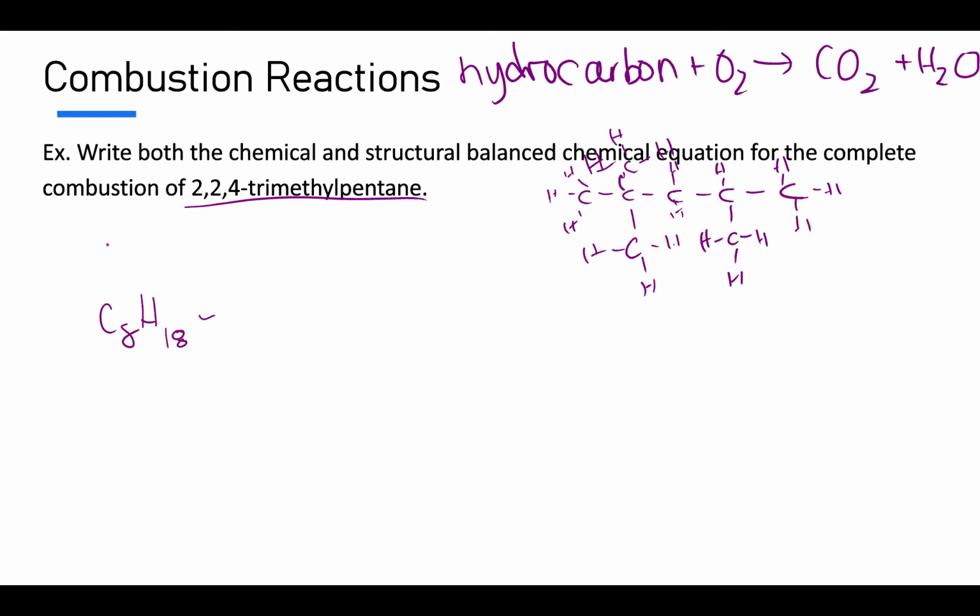All right, so then we have that in the presence of oxygen, and your products always carbon dioxide and water. Now we can bring this one more step because we want to balance it. So to balance this out, we will start with hydrogens. There's 18 of them, so 9 water. Carbons, there's 8 of them. Then moving on to oxygen, on the product side, it's coming from 2 places.